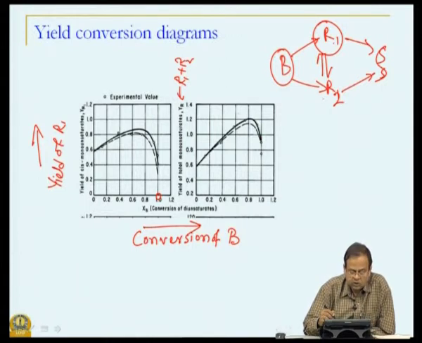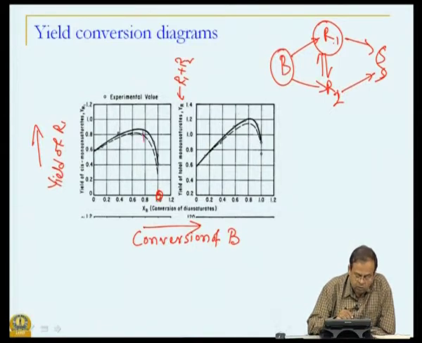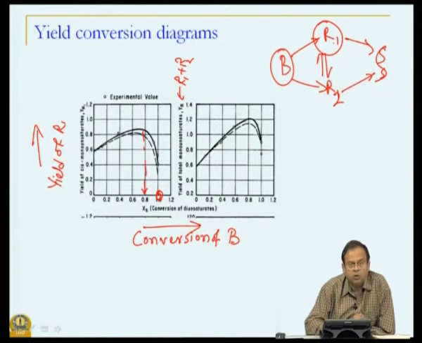We want certain concentrations of R1 and R2 also in our reactor, and we also want a certain quantity of B. So, we are not going to aim at 100% conversion of B, but where the optimal yield of R1 is obtained.